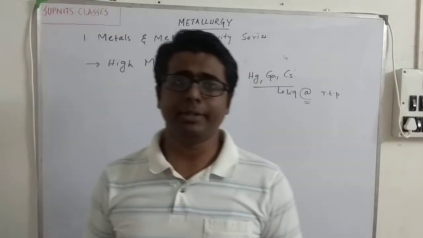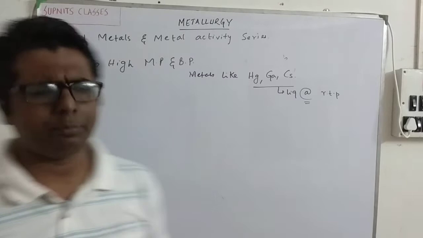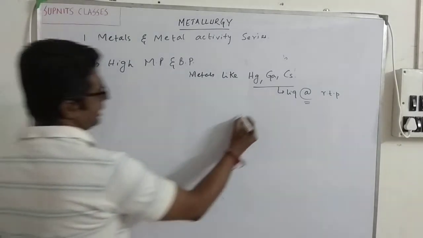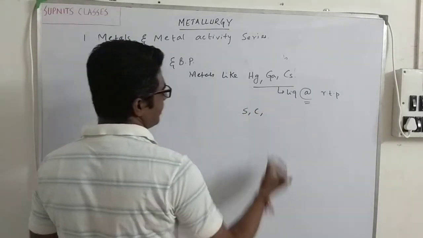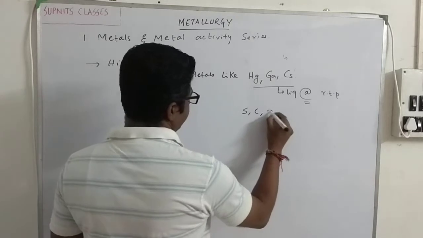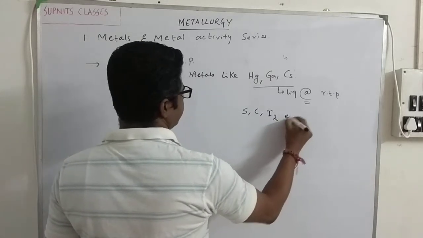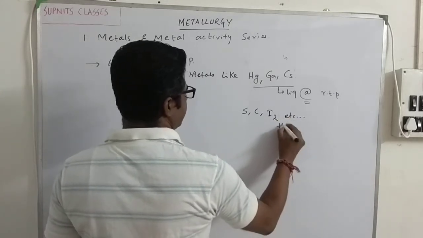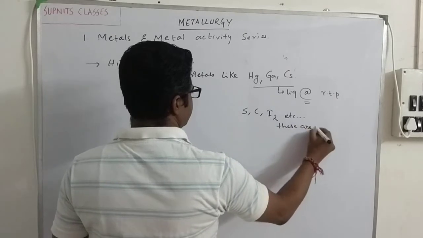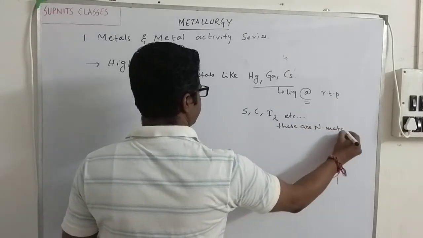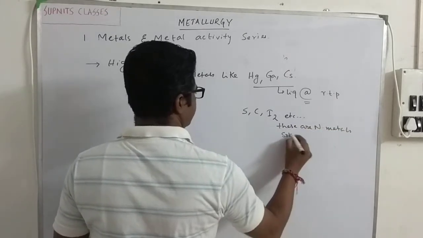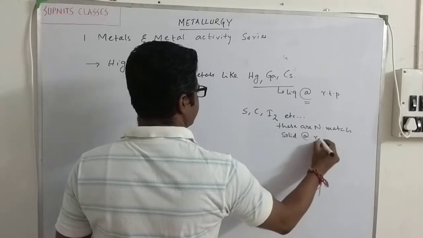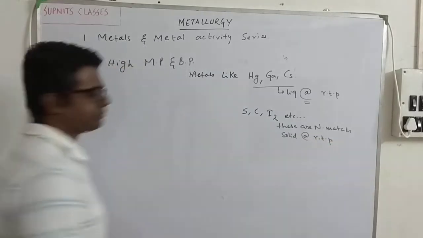So what are the non-metals that are solid at room temperature? There are many, like sulfur, carbon, iodine, etc. These non-metals are solid at room temperature.